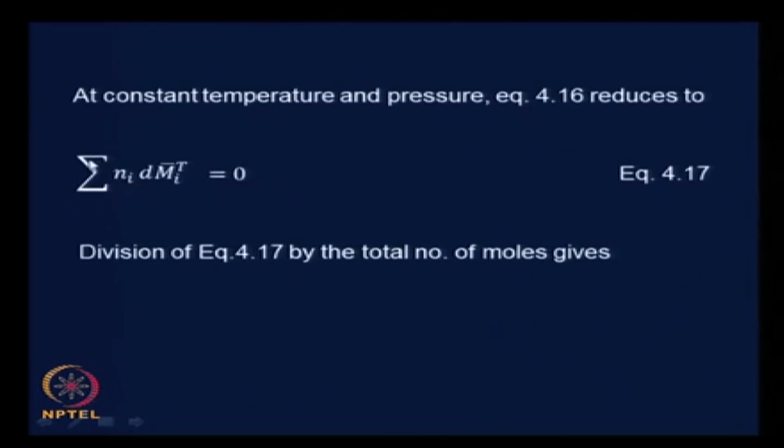If we divide this by the total number of moles, each term in the sum gets divided by N, and each Nᵢ can be replaced by the mole fraction, since Nᵢ by N is the definition of the mole fraction. Therefore, you get the sum over xᵢ dM̄ᵢ equals 0. This is equation 418. This is quite a powerful equation, as we will see later.